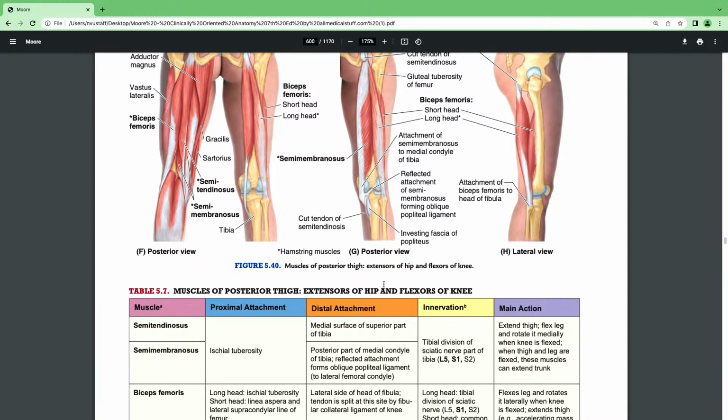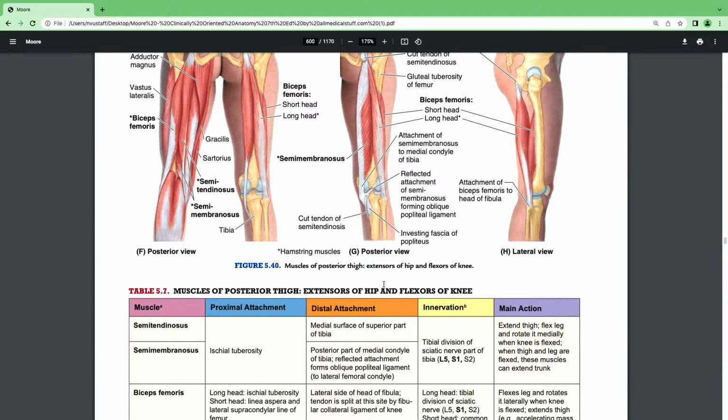Logically, if you talk about the posterior compartment, which is antagonistic to the anterior compartment of the thigh, the anterior compartment also crosses the hip and the knee joint, and is known as flexor of the hip, but extensor of the knee. This is the anterior compartment. So in case of the posterior, you will have vice versa. You will have extensor of the hip, but flexor of the knee. Plus, why these two? Why not flexors and extensors, as it was in case of the upper limb?